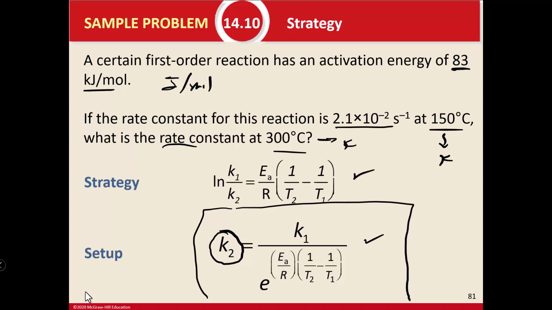So you can either convert the activation energy into joules per mole, just to make it work out with R. That's what we're doing, right? This is 8.314 joules per Kelvin mole, and if you keep this in kilojoules per mole, you're not going to get the correct answer. So let's look at the next slide.